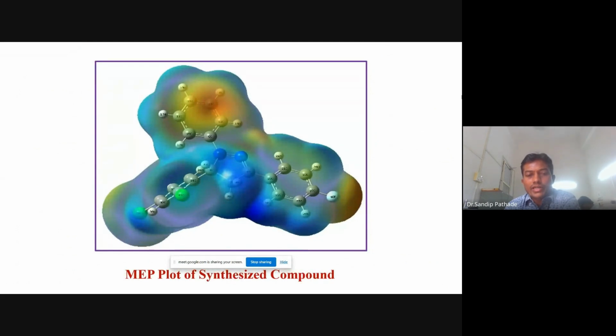This is the plotted MEP map of our synthesized pyrazoline derivative. This map clearly shows that the orange or yellowish color is spread over the aromatic ring that is directly attached to the nitrogen atom. Therefore, this region is susceptible to electrophilic attack, while the blue region that is spread over the carbon double bond nitrogen is suitable for nucleophilic attack.